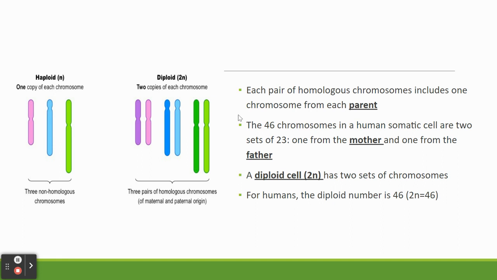For humans, the diploid number is 46 because we should have 2 of each type of chromosome. Because 1 from mom, 1 from dad, that means we have a total of 46 because we're going to have 2 sets. Now, haploid, let's just say we have 1 chromosome from a parent, not both parents. The haploid number would be 23. So we'll talk more about haploid in a second.